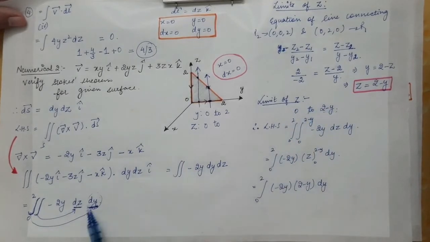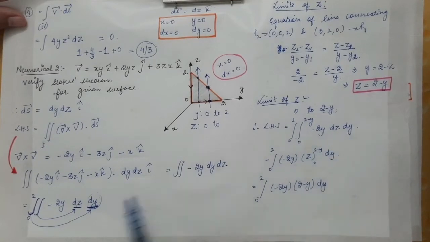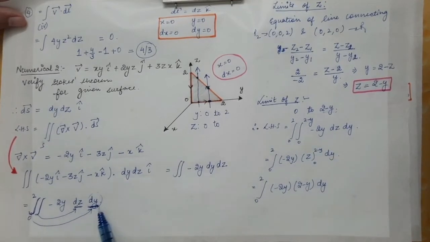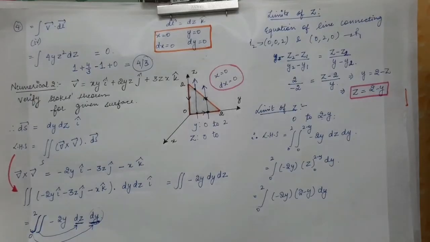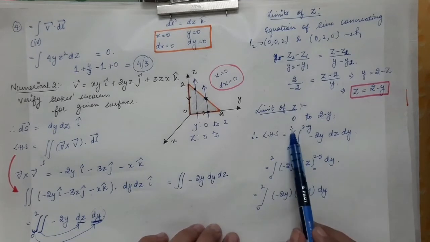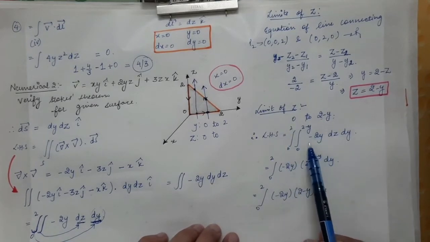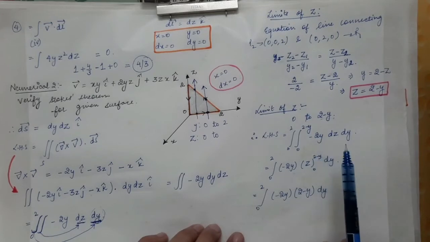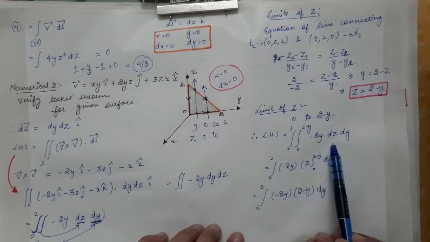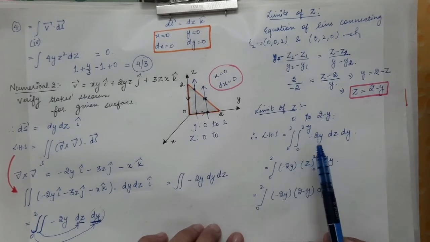So on the LHS, we had minus 2y dz dy. When you evaluate it, the limit of y is 0 to 2, the limit of z is from 0 to 2 minus y, and minus 2y will remain as it is. First of all we will do the integration with respect to z, and the limits of z go from 0 to 2 minus y.